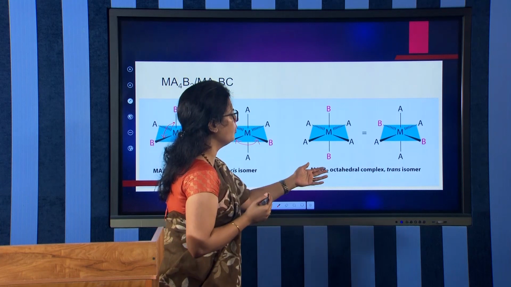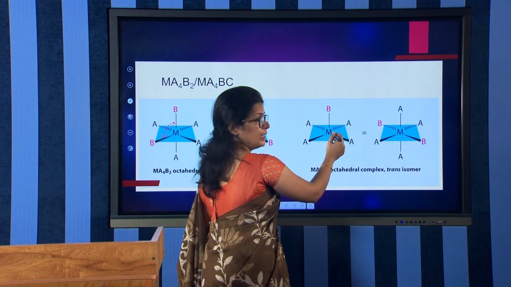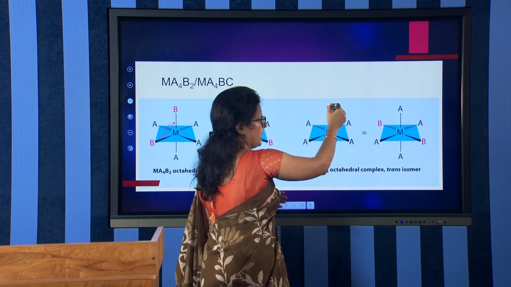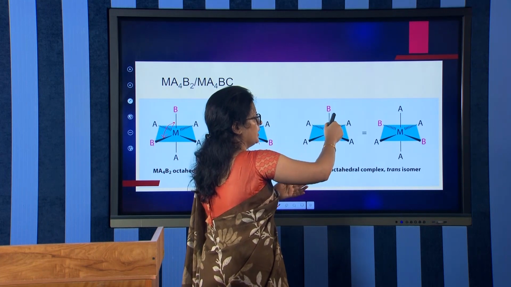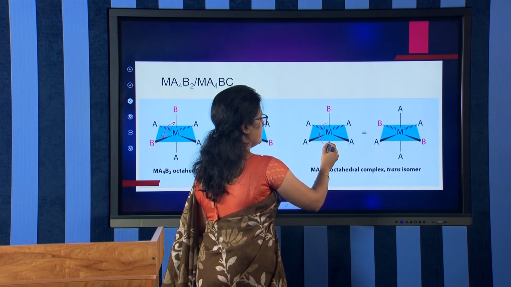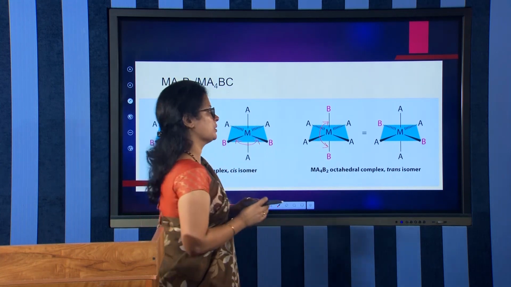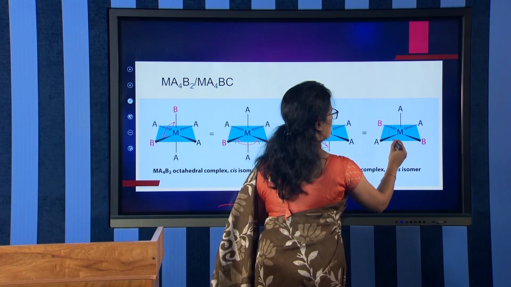In MA4B2, which will be the trans form? See this metal and B in this position, and in the opposite position there is another B. So, directly opposite you can see B. This is the trans form, straight opposite. This is also straight opposite.